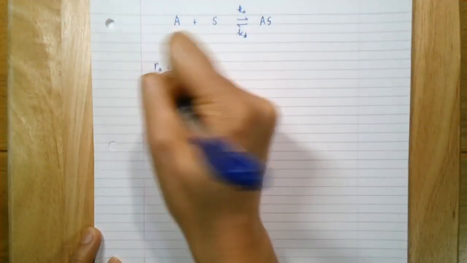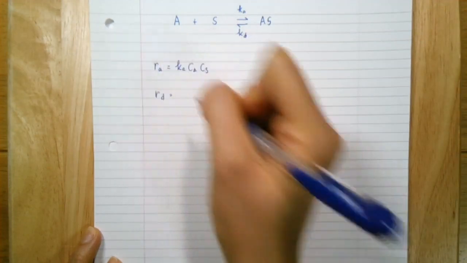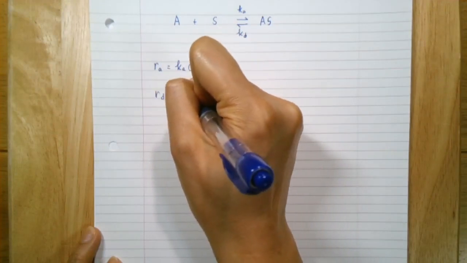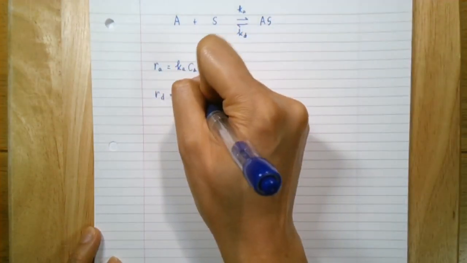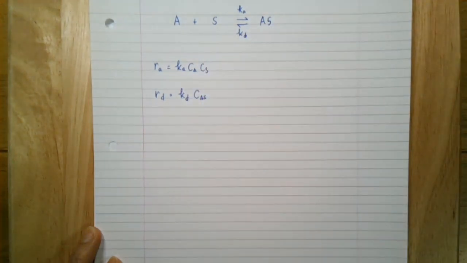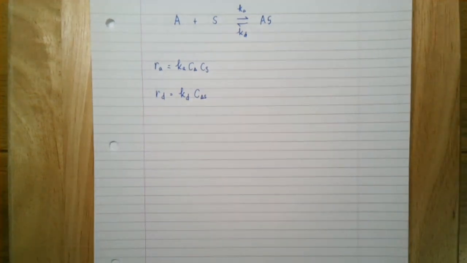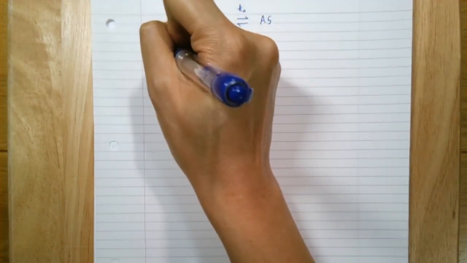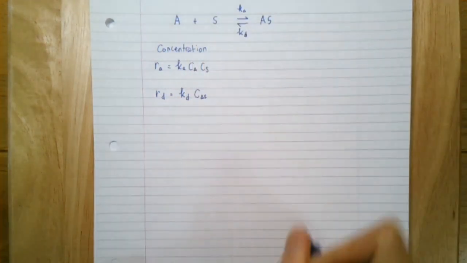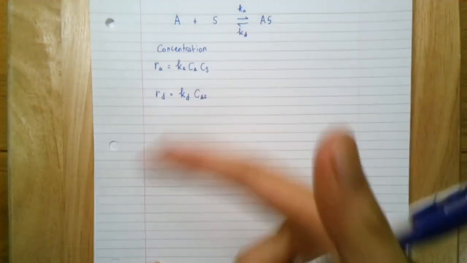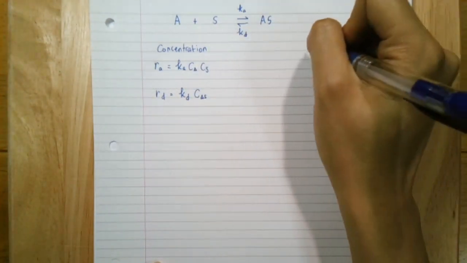Similarly, the rate of desorption is equal to the desorption rate constant multiplied by the concentration of the sites occupied by the adsorbed species, CAS. So these are in terms of concentration. However, if A is in the gas phase, it is more convenient to represent its composition using partial pressure.